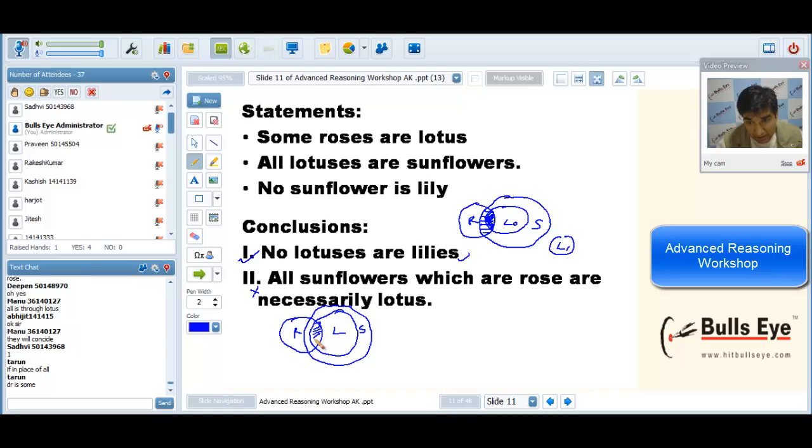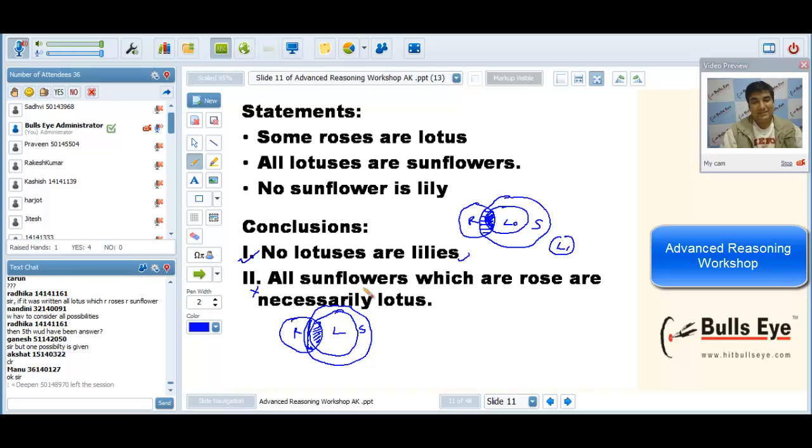Now this part and also this part, they are different. Manu, it is not that inside roses, lotus and sunflower will coincide. They may or may not. And also the word possibility is not given. I'll go to the next question now.